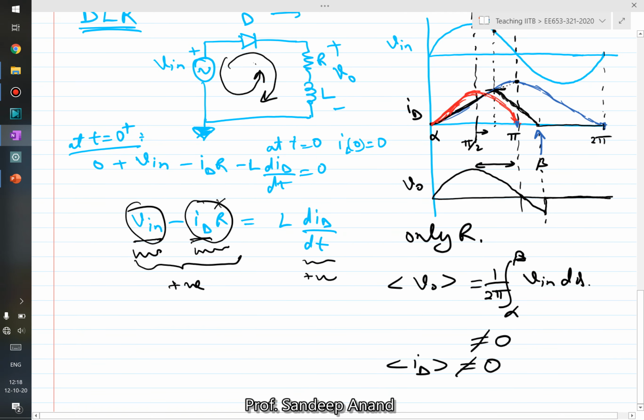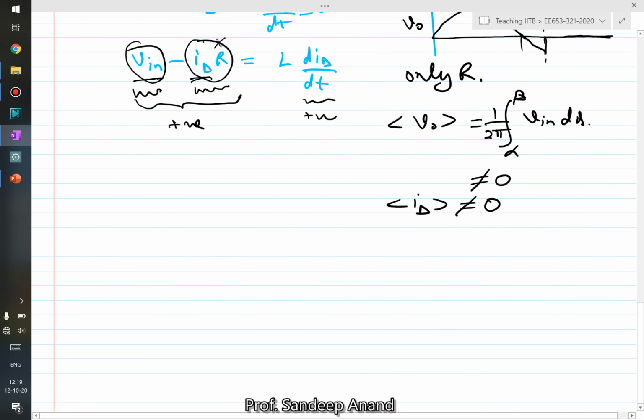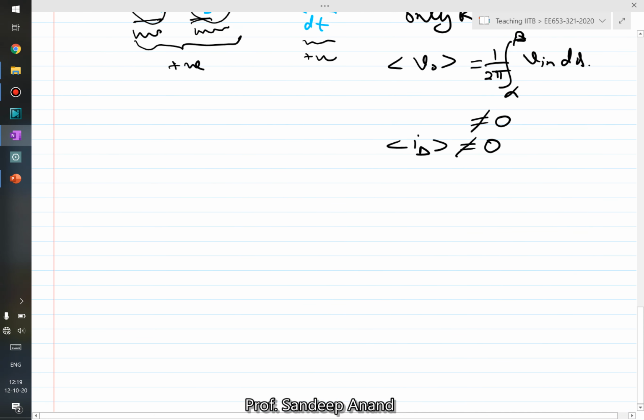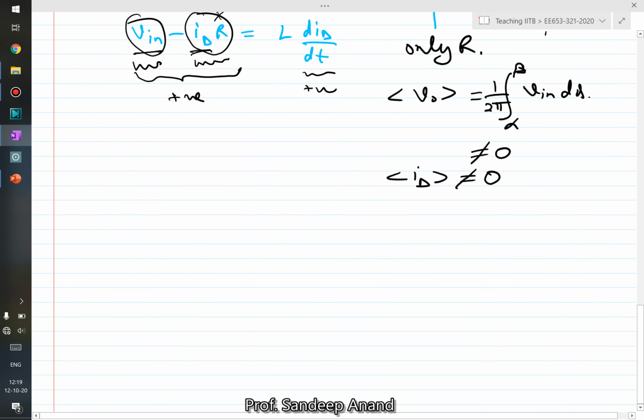Now the next thing is that practically, yes, you can use an RL kind of load, but one of the places where we generally use this kind of rectifier is in DC machines. Or at least we used to use it in previous times. Maybe now we may not necessarily use it, but earlier we used these kinds of circuits for DC machines. So what is a DC machine?